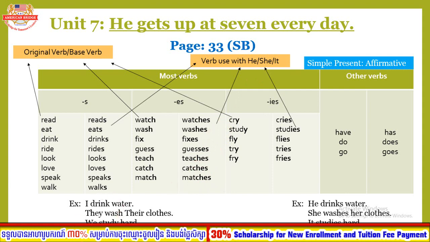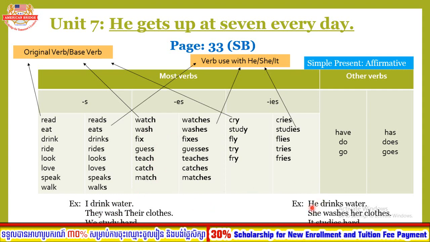Look at this example all together. I drink water. So drink here, we use it because this one is the subject in group 1. So we need to use it with the original verb, drink, right? They drink, the original verb, like here. We study hard. So study here is the original verb.